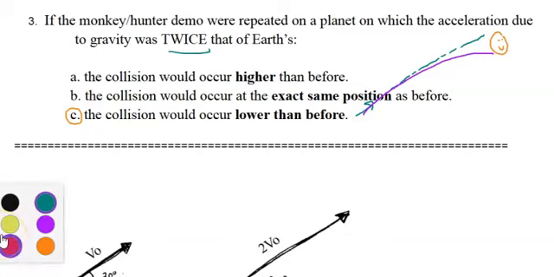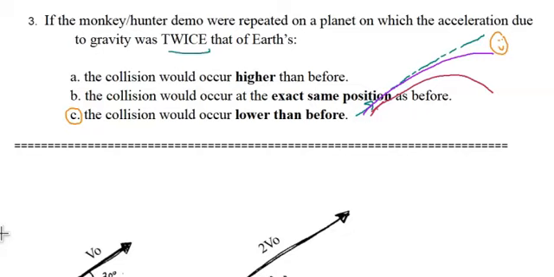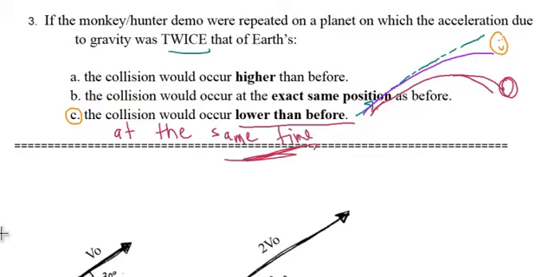Different color. On the other planet, if gravity is stronger, it's going to pull it away faster, and the collision would occur lower than before. But one thing that's pretty cool is that whatever time they would collide without gravity, they actually still collide at the same time.